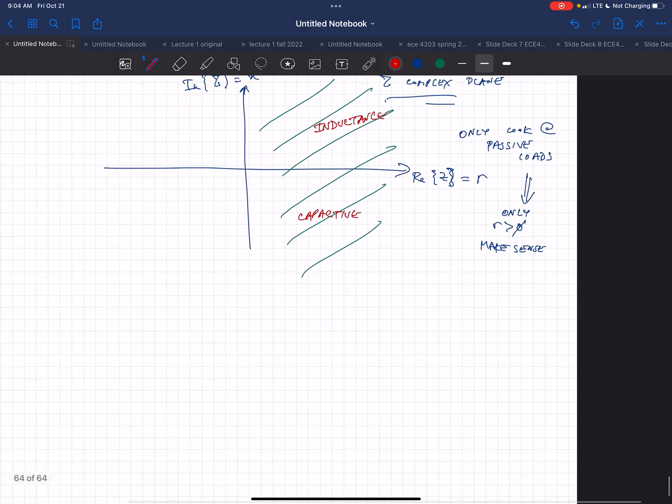And now the third thing, which we've also talked about, is those two things are functions of each other, right? So z is a function of gamma, and gamma is a function of z.